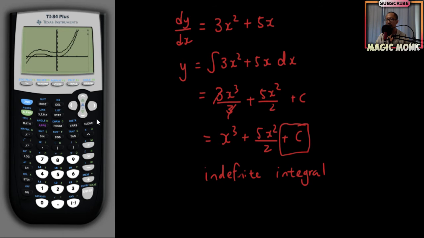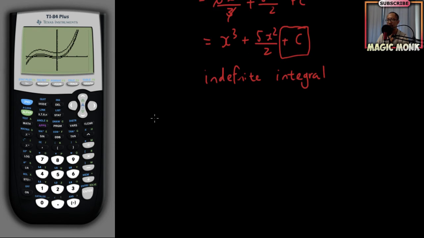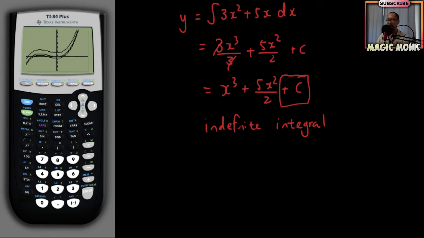Now, what you notice about these 3 different lines is they all have the same gradient. These 3 lines are all integrals of this equation because they all have the same gradient at every single coordinate for x. The y coordinate has obviously changed because we put a different amount of plus c on the end, but for the same x coordinate their gradients are the same.